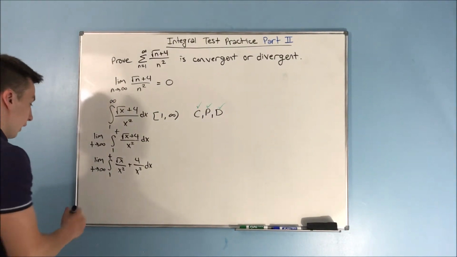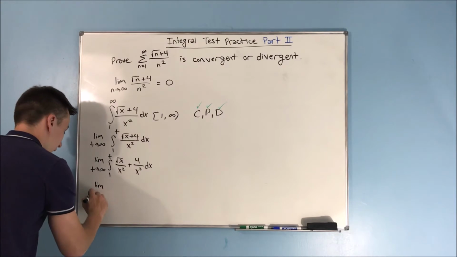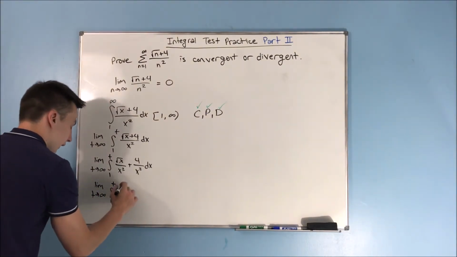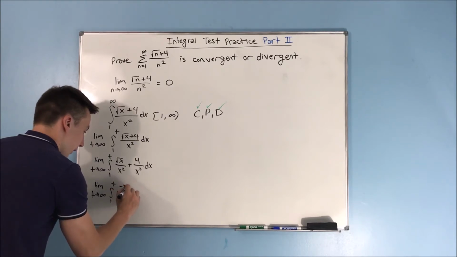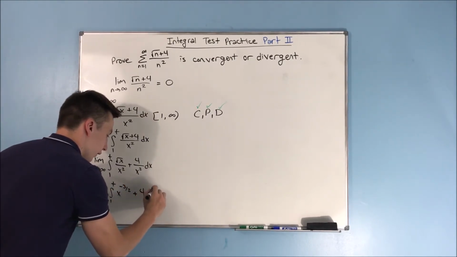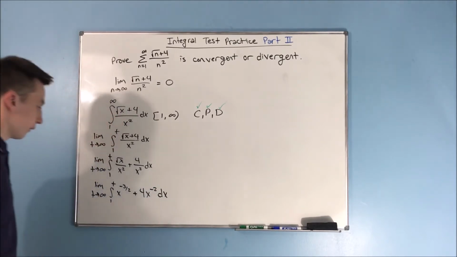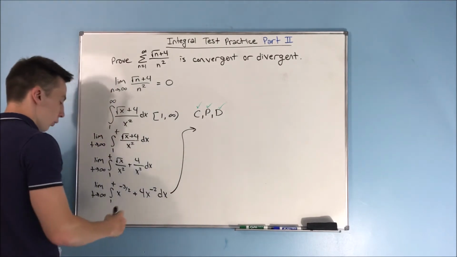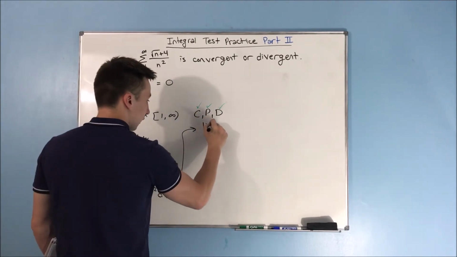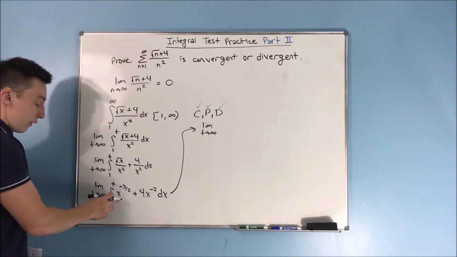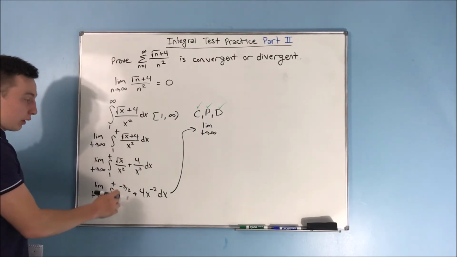I mean, you just get the limit as t approaches infinity, the integral from 1 to t of, this is now x to the negative 3/2 plus 4x to the negative 2 dx. Okay, we can integrate that fairly easily here. We can write that we get the limit as t approaches infinity of, this is going to become, well, negative 1/2, right?